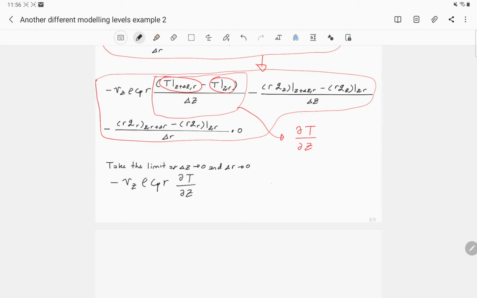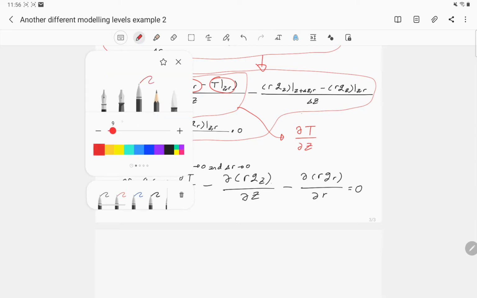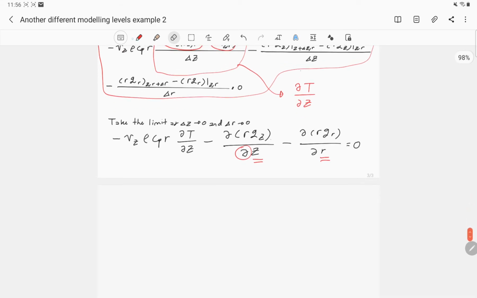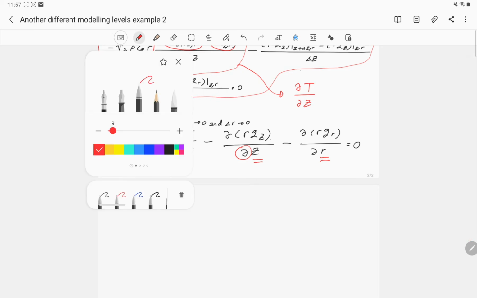And then we have the second term, del r qz over del z in here, and then minus del r qr over del r equal 0. The reason that we use a del in here instead of d is because we have two different independent variables. So this becomes a partial derivative term in here.